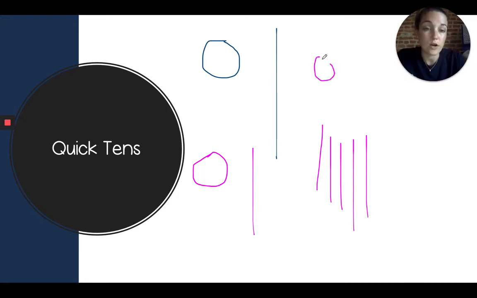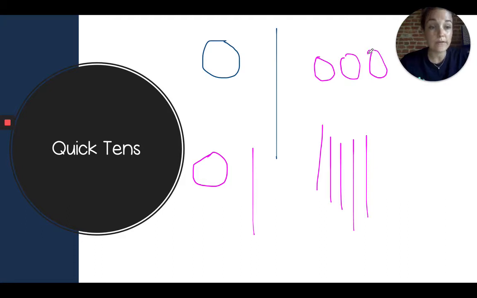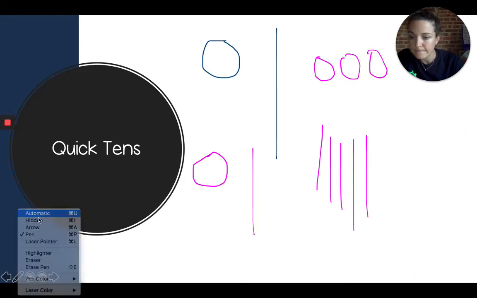And then if I'm drawing ones, 1, 2, 3. Again, they don't have to be perfect, but they do have to be neat enough that I can go back and count them because they're going to help me represent my numbers. Okay. There we go. You guys get to see all my tricks here.